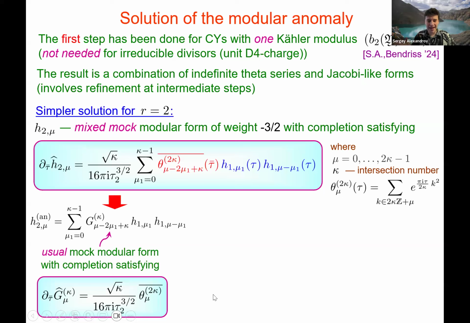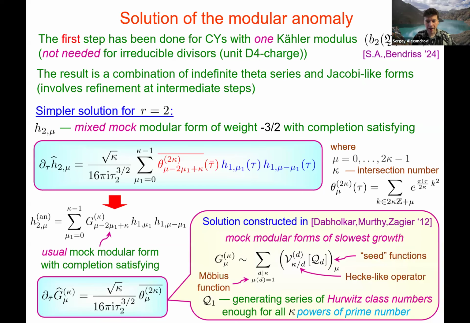And it turns out that exactly the same problem has been solved in this famous paper by Dabholkar, Murthy, and Zagier, which I already mentioned, because they tried to find precisely such mock modular forms with an additional requirement that they must have the slowest possible growth for their Fourier coefficients.